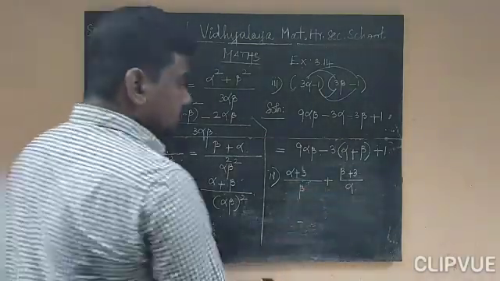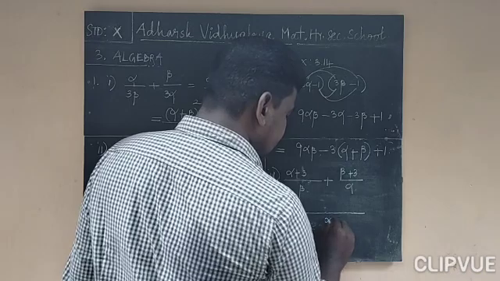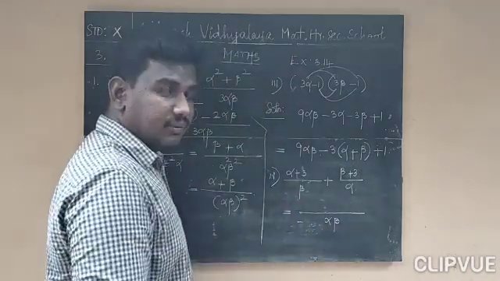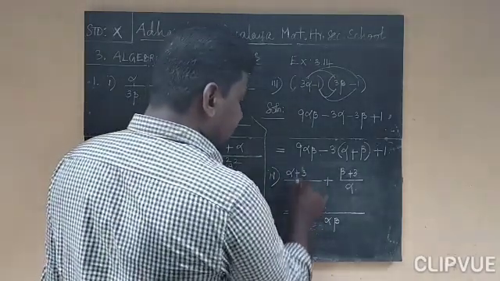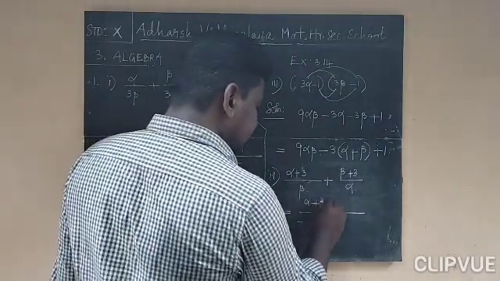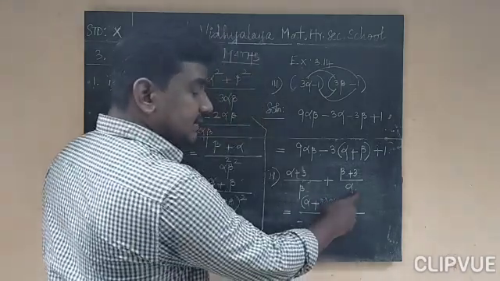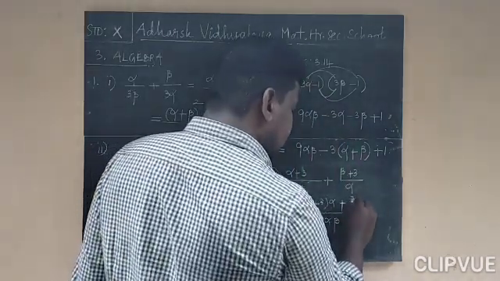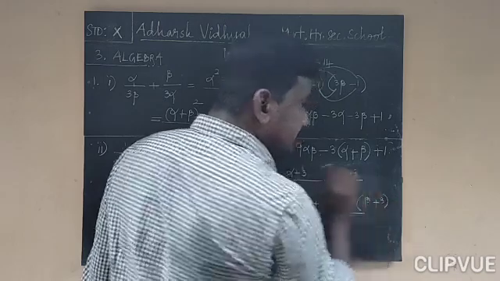So here also I am going to find the LCM. You know very well, LCM is alpha beta. So here you want to multiply it by alpha, so the numerator is also multiplied by alpha. So alpha plus 3 into alpha plus, here beta is missing, so you want to multiply it by beta, so numerator is also multiplied by beta, so beta into beta plus 3.